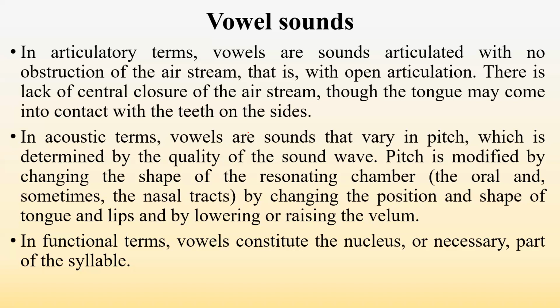The airstream is not blocked. It flows freely within the mouth and finally goes out of the body. Although it flows freely, still this airstream is manipulated, controlled or subjected to many changes that are made by the speech organs, right?